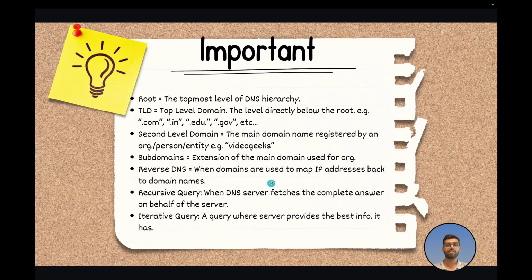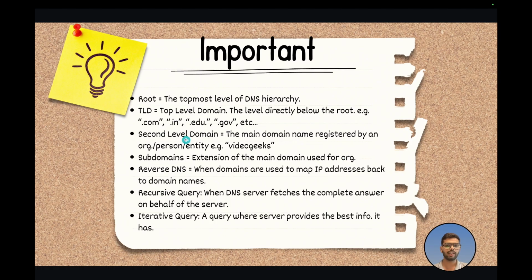And these are a few important terms that you should know. Root: that is the top level of the DNS hierarchy. TLDs, top level domains: the level directly below the root, for example .com, .in, .edu, etc. Second level domain: that is the main domain name registered by an organization, person or entity, like VideoGeeks, or let's say cupofcoffee.com, or some name.com, right?